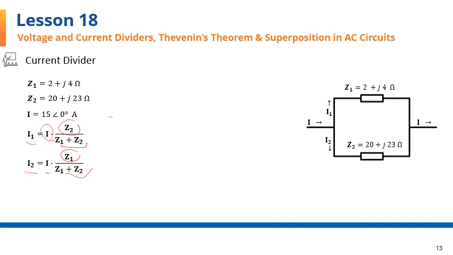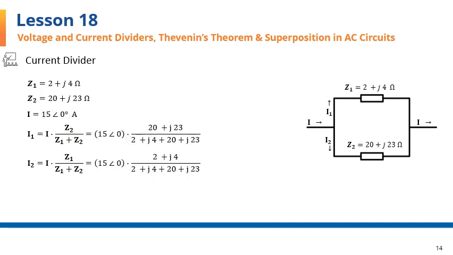Here we are given the current I, the total current coming in, 15 amperes with 0 degrees, and both of the impedances are given, of course. And substituting those values into our equations will give us 15 times Z2 over the sum of the two for I1, and 15 times Z1 over the sum gives us I2.